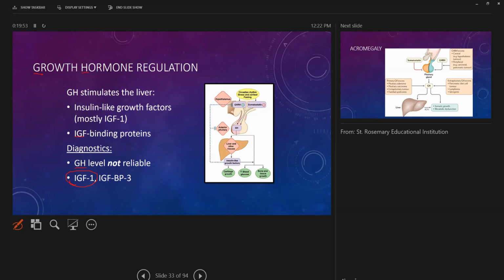So circadian rhythm, stress, cortisol, and/or fasting are going to trigger the release of GH. GH is then released by the anterior pituitary and targets the liver and other tissues.